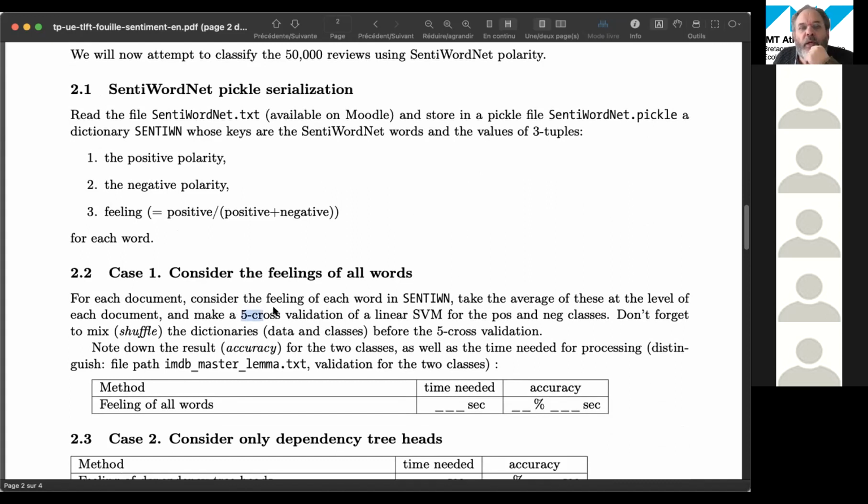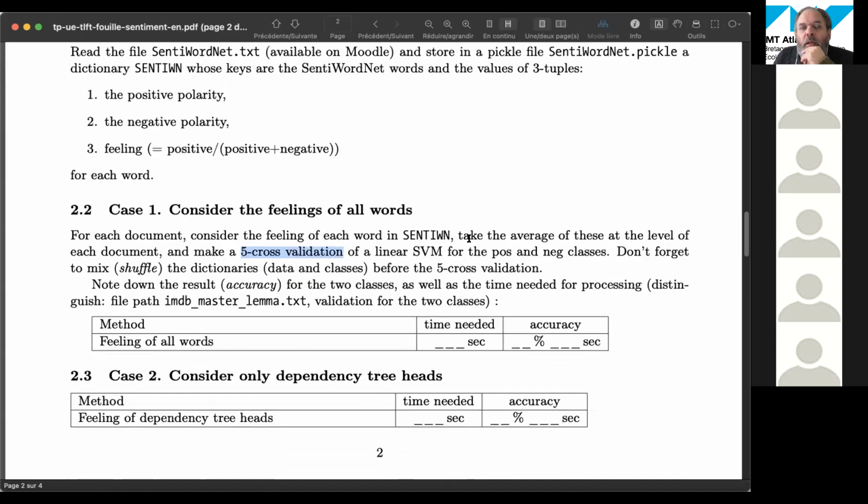So you can use a 5-fold cross validation, use your training set to train your model, and your testing set for testing each time. In fact, for this method, I'm asking for the time your model needed. You can use SVMs or logistic regression, whatever model you like. And here to put the accuracy.